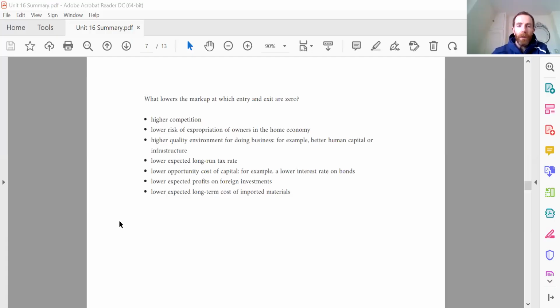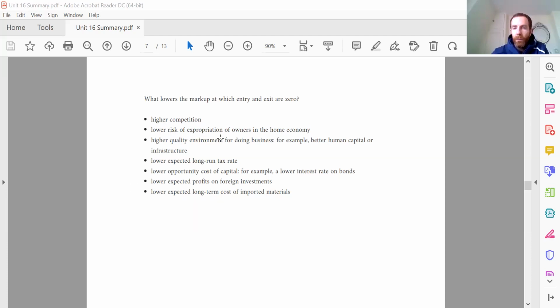Okay, so just to finish off this bit. What are the different factors that might have an impact on the markup at which entry and exit are zero? That's this equilibrium markup. I'm going to leave the first one for a second, and all the others follow the same sort of pattern.